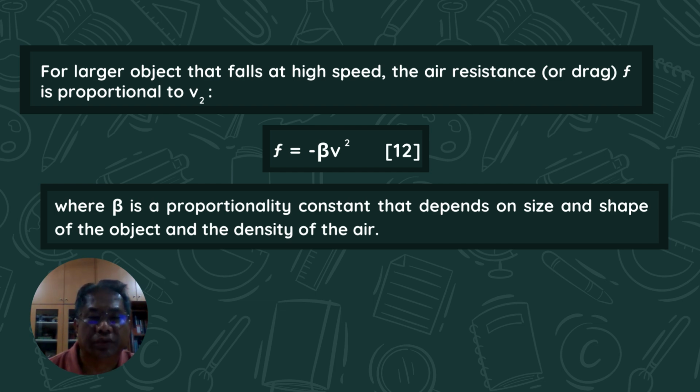If the object moves upward, V will be positive, so the drag will be negative, pointing downward. So you see that the drag or the resistance always opposes motion.